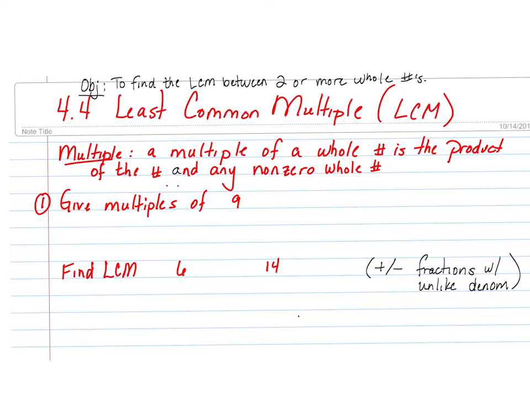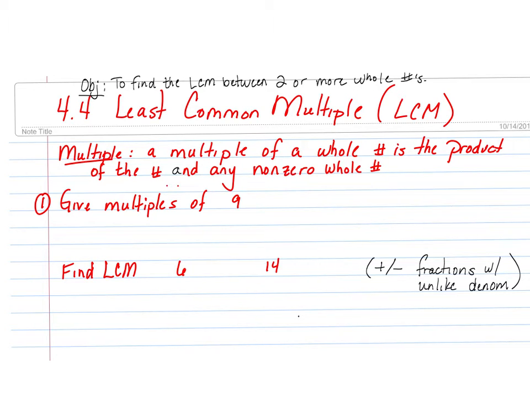So, least common multiple. A multiple of a whole number is the product of the number and any non-zero whole number. Remember, whole numbers are 0, 1, 2, 3, 4, 5, 6, on up. So give multiples of 9.